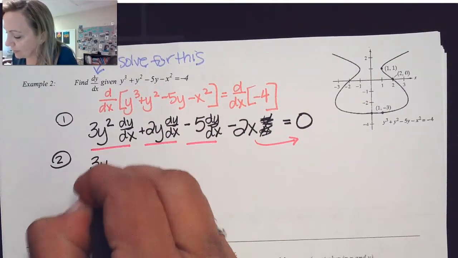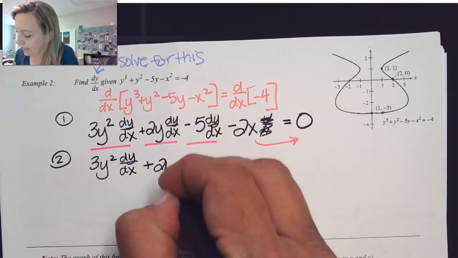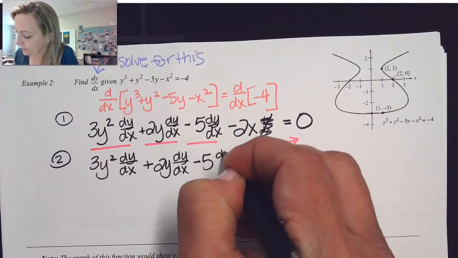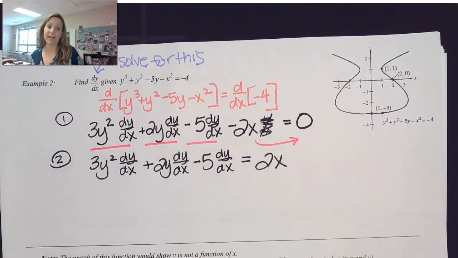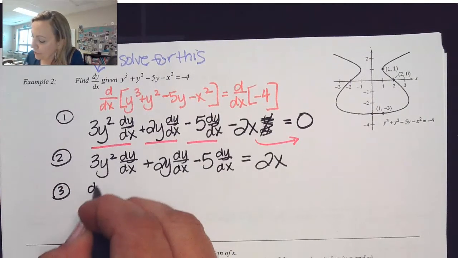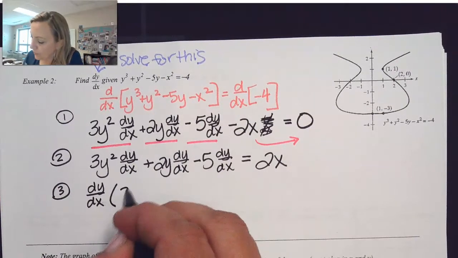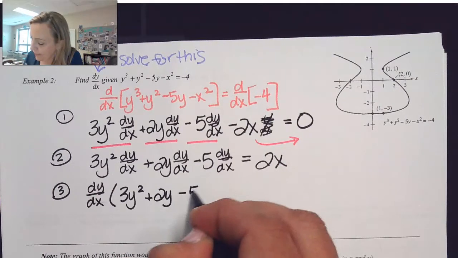So now I'm going to have all my terms involving dy dx on one side, and all the other terms on the right side, okay? The third step is to factor out the dy dx from each of those terms. So I've got 3y squared plus 2y minus 5.